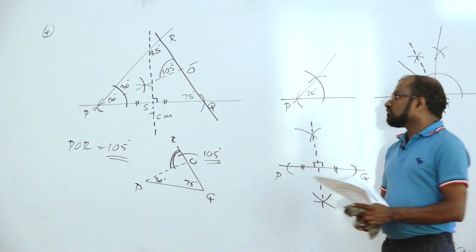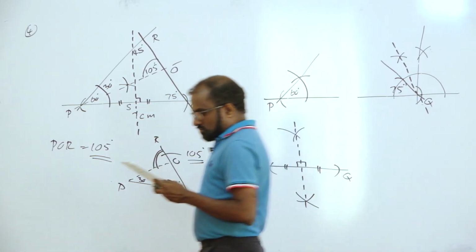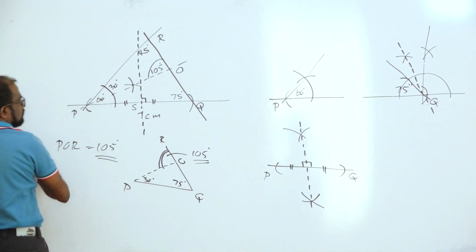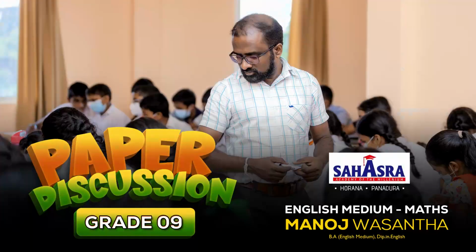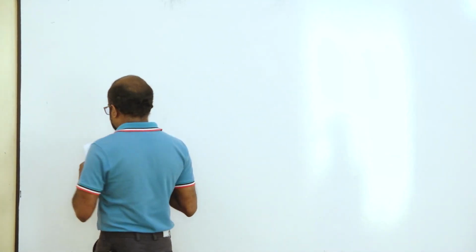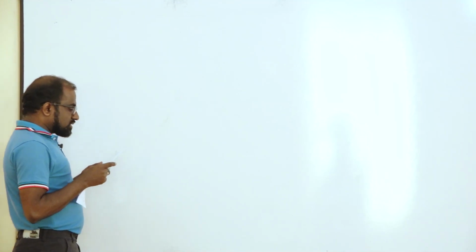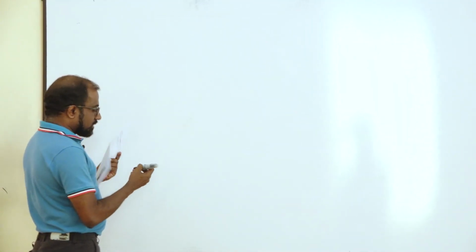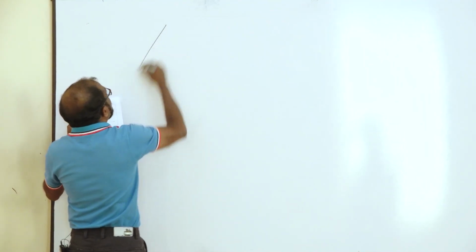Right, we'll move to the last question of the page now, part 2. ABC is a triangle. The bisectors of BAC and ABC intersect at the point O. Right.